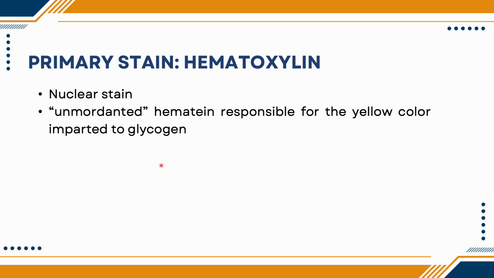Kaya nuclear stain siya. So, the unmordanted hematine is responsible for the yellow color imparted to glycogen. Yun yung unmordanted. Remember that hematoxylin can be mordanted with either iron, phosphotungstic acid, and even aluminum salts.